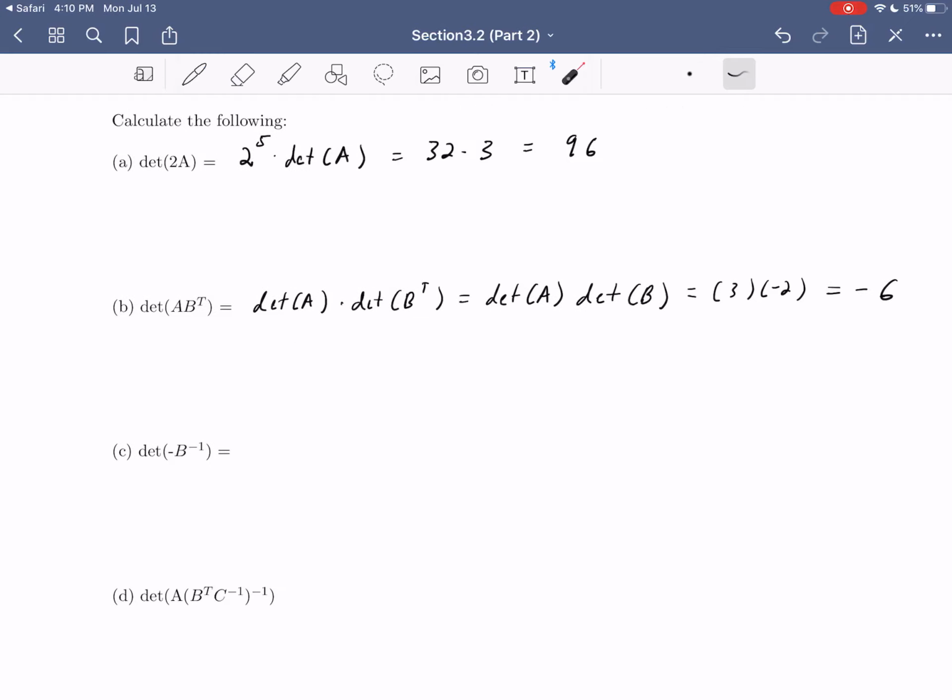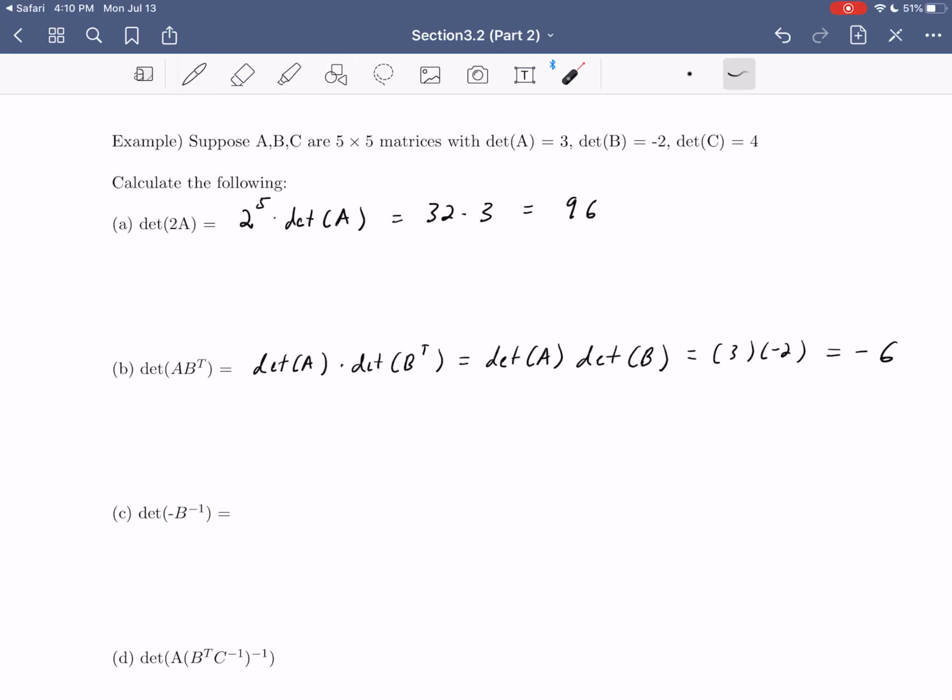All right, then we have C here, the determinant of the negative of B inverse. First thing is, let's pull that negative sign out. B inverse, of course, we don't know what it is, but it's going to be a 5 by 5 matrix. So this is going to be (-1) to the 5th times the determinant of B inverse. How do I know B inverse exists? Well, because the determinant of B is non-zero, so it has to have an inverse.